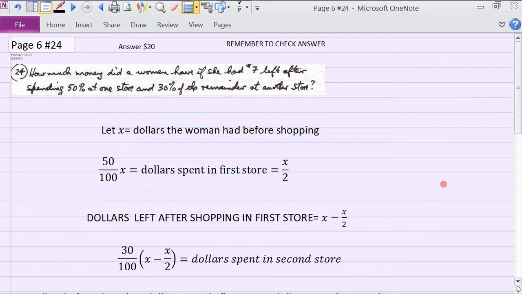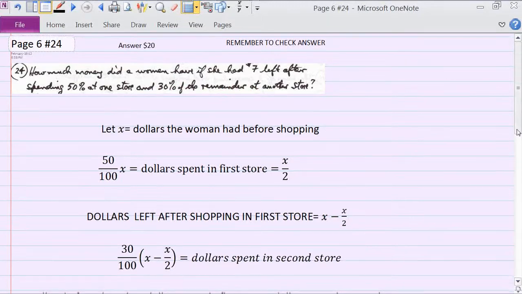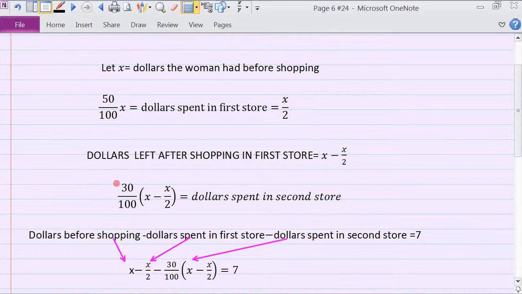So after she'd gone into the first store and spent half of it, she spent 30% of the remainder. So there's the amount she had after she spent her half in the first store. 30% is 30 over 100 of the remaining amount, which was dollars spent in the second store.